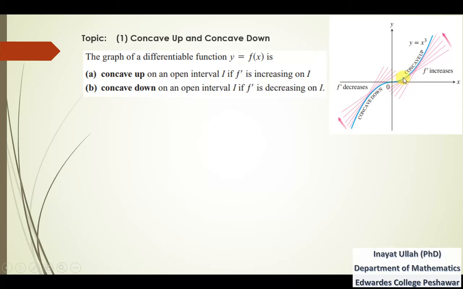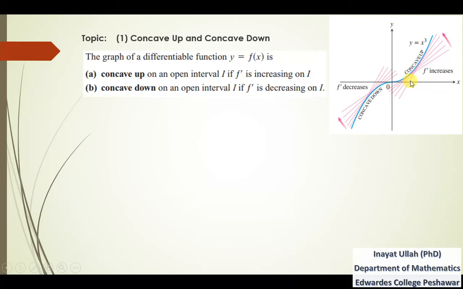Similarly, this portion is concave up. If you take this point and draw a tangent line, this tangent line has this slope. If you go there and draw another tangent line, the angle of this tangent line with the x-axis is greater than the angle of the previous one.